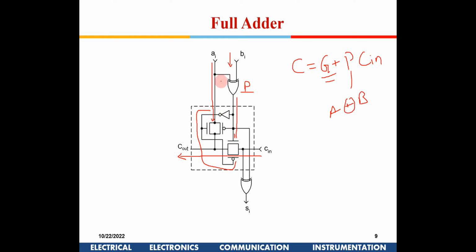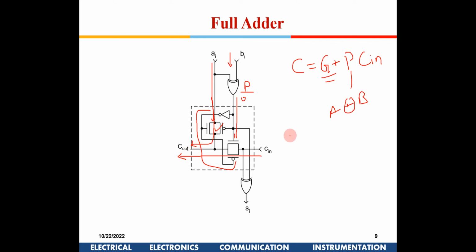So when A is 1, B is 1, in that condition, since this gate, PMOS is driven by the propagation, and from an inverter it is being driven the NMOS. So when A and B both are 1, this will be 0 and this gate will be enabled, and this A will come from here to here. So for 1 1 also I get the carry out.